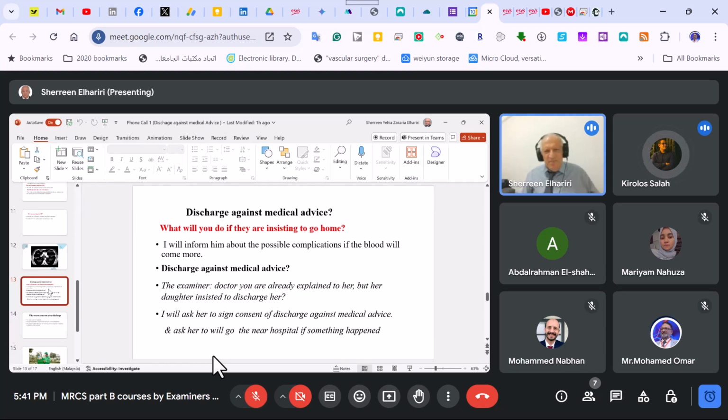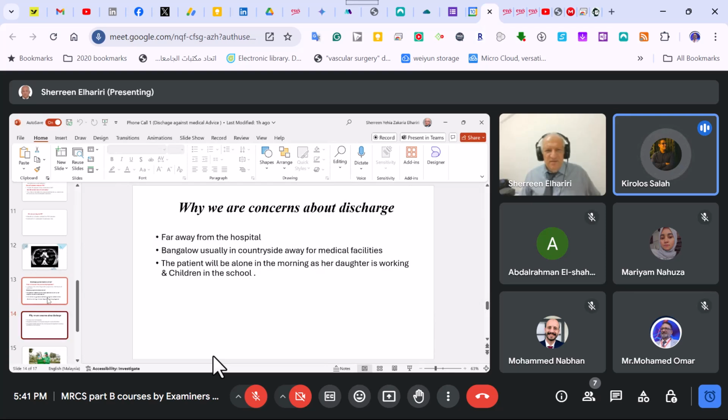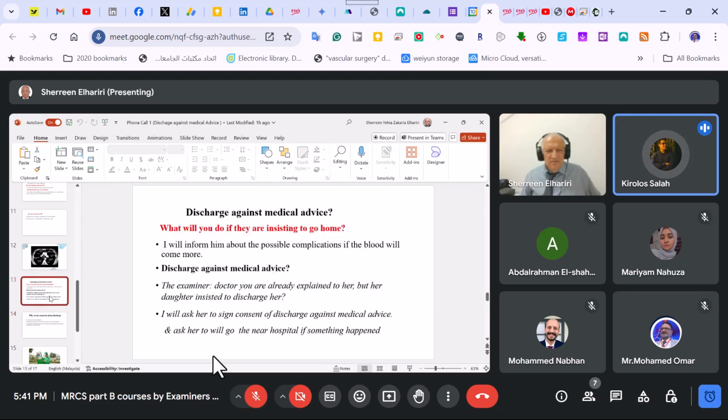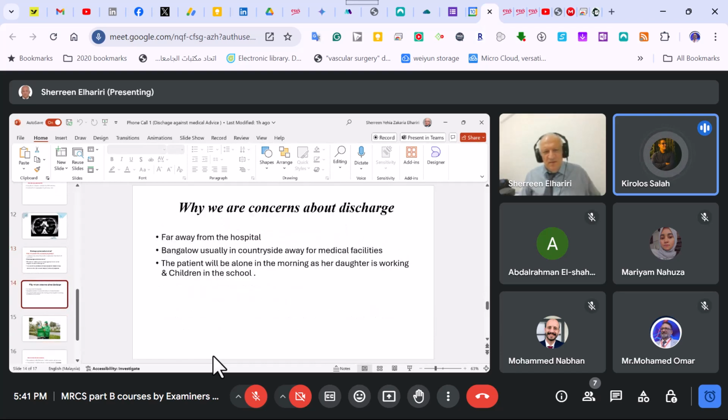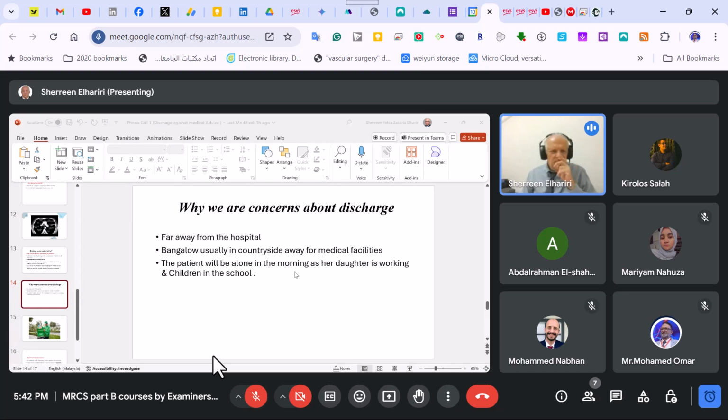What else do you need to give the patient if she insists on leaving the hospital? She will sign the consent form, and after that I will tell her the warning signs, like if she has chest problems, breathing not good, hemorrhage, or dizziness. What else is important to tell the patient?